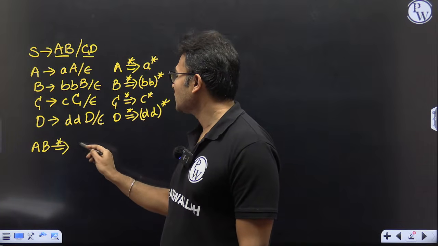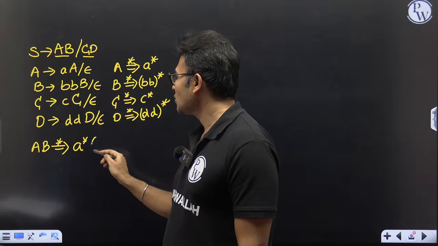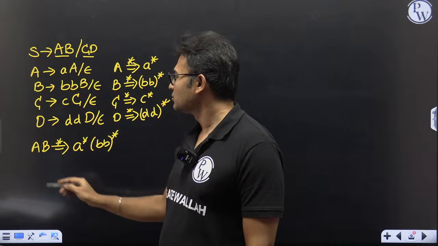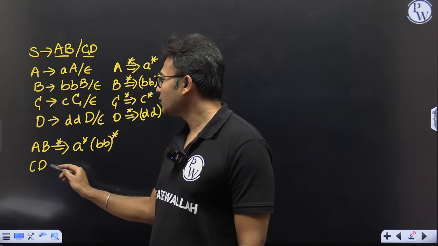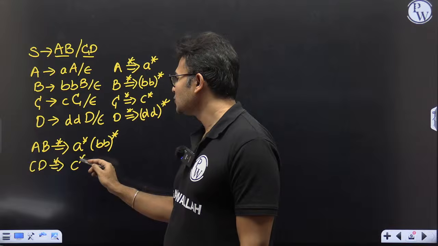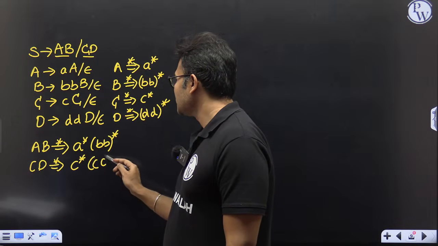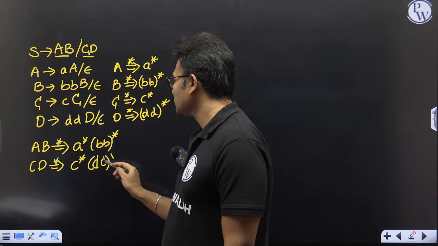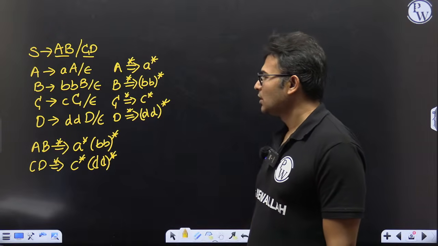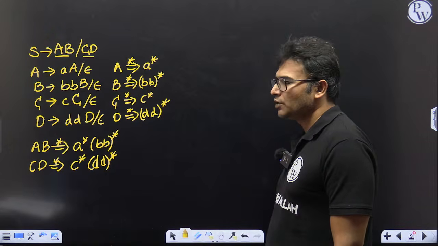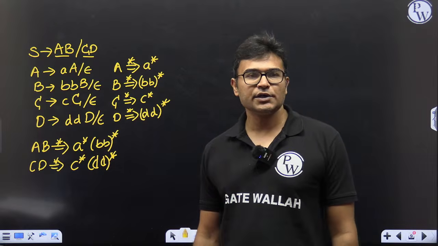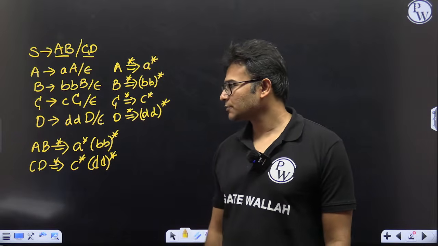AB is deriving A star followed by BB star. What is CD deriving? CD is deriving C star followed by DD star. Now is there any intersection between these two languages?